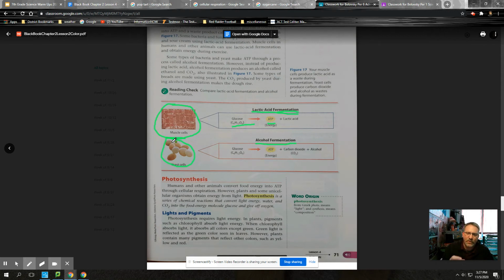When yeast is put into dough and it's put into the oven, the yeast starts eating the sugar that is in the dough and it starts producing gas. And that gas makes the bread rise. Okay? And that's why yeast rolls are nice and fluffy, because they have gases all through them.